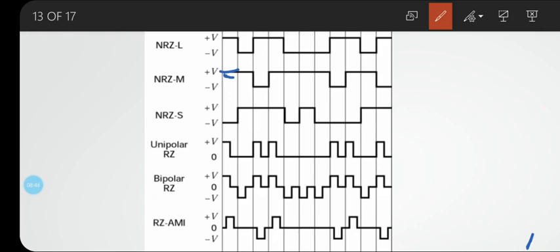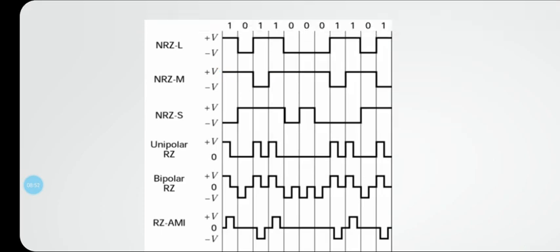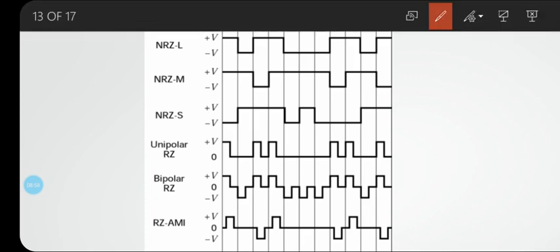For 0, I am not going to change the level. For the next 0, I am again not going to change the level, I will retain it. Let me write the bits here: 1 1 0 1 1. For the first bit, which is 1, I have started at positive plus V.